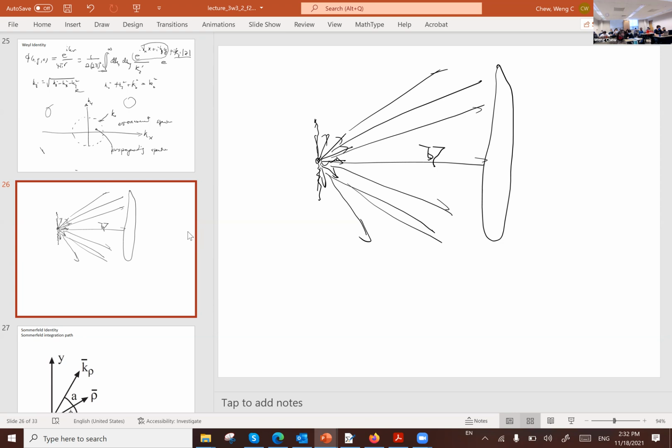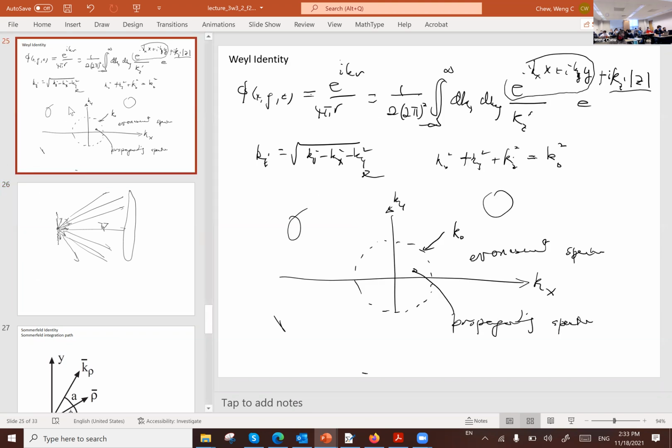If I make my lens bigger, I capture more high frequency spectrum, and hence I can reconstruct this fineness of the point source. However, if I have a very small lens, I will only capture the low frequency part of this spectrum, as this picture indicates, and hence not the high frequency spectrum.